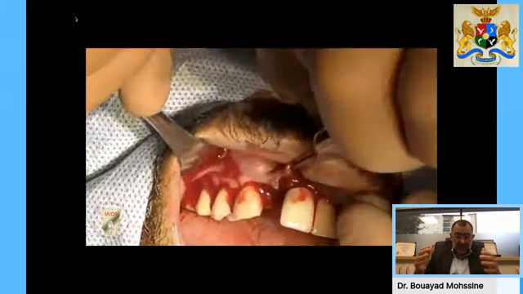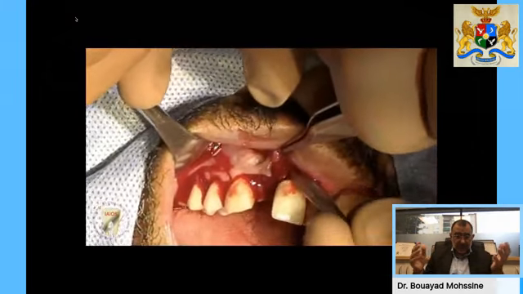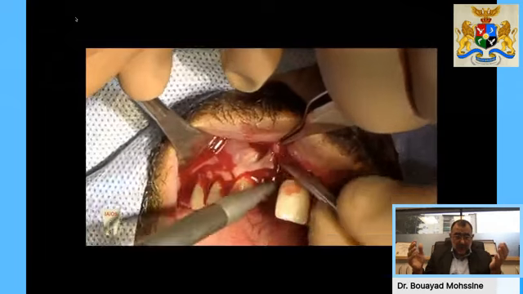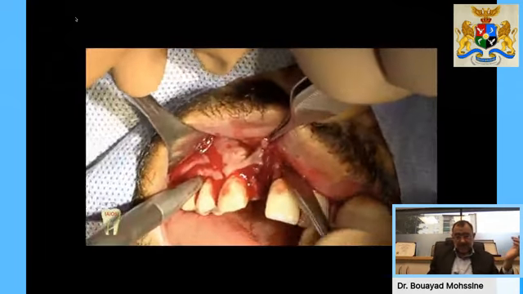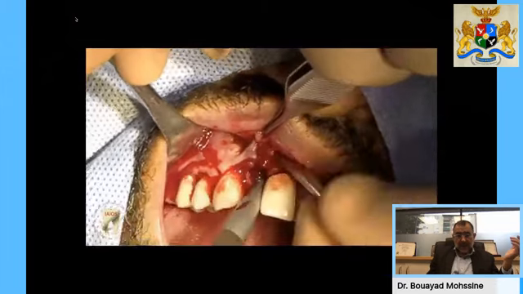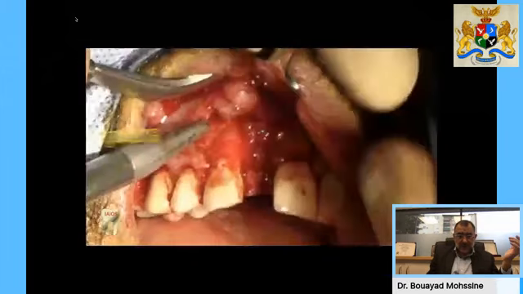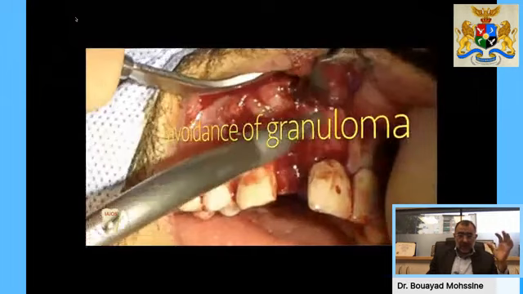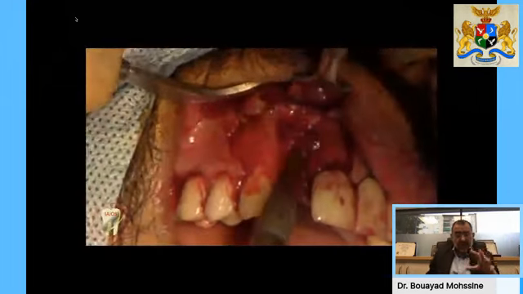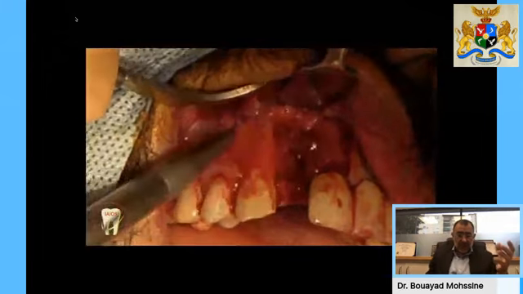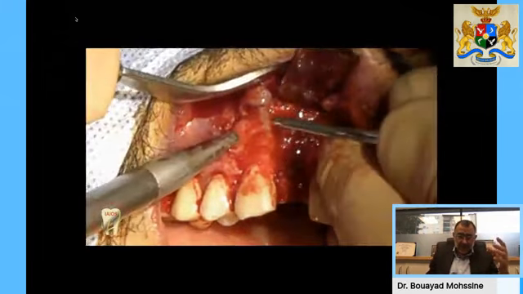You can see here the thickness of our flap, and the granuloma is very important. We remove the granuloma with our instrument and with the laser technique.